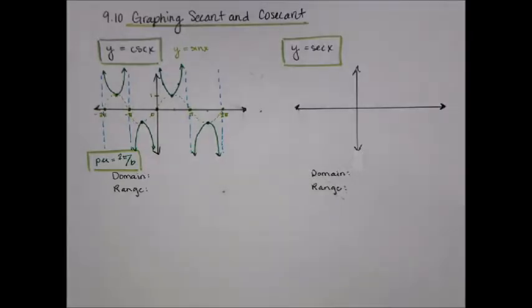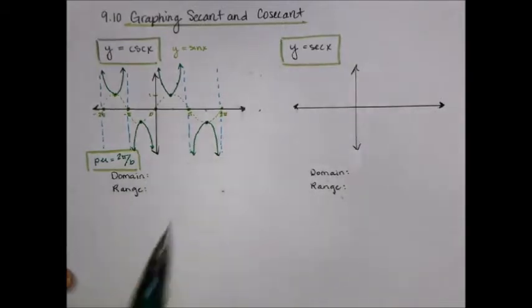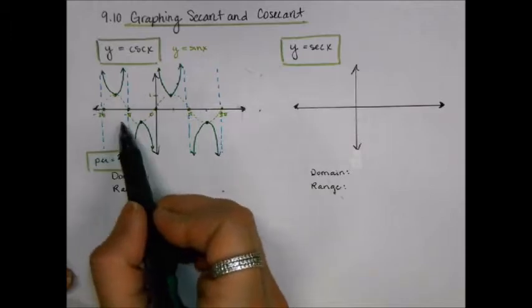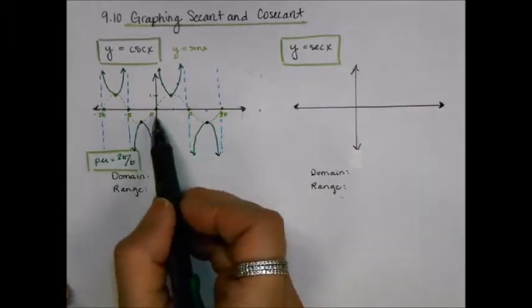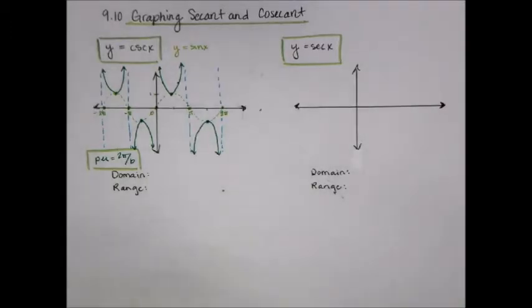So the domain and range of the graph, when we look at the domain, you'll notice that we can have values between negative 2 pi and negative pi, between negative pi and 0, between 0 and pi, and so on. So we don't really want to list the answer that way, an infinite set of intervals that join together. So instead what we want to do is write out what values we're not allowed to have.